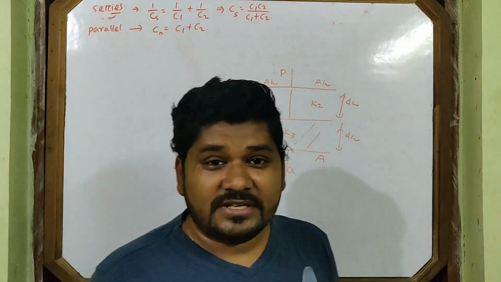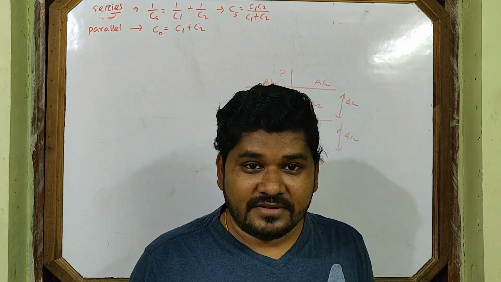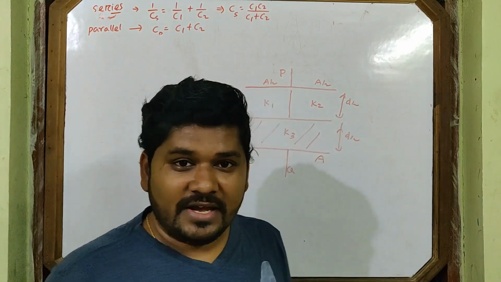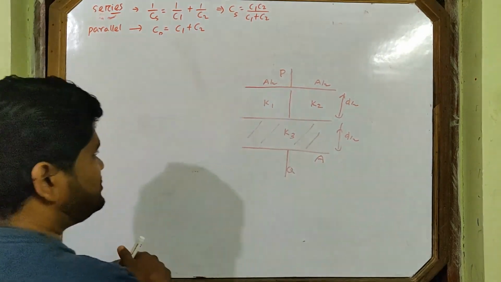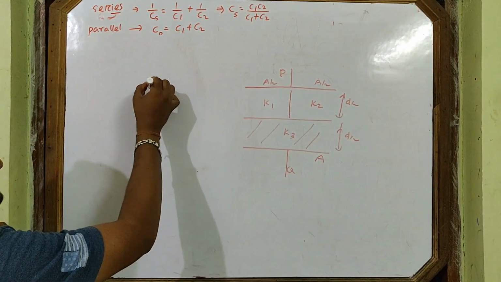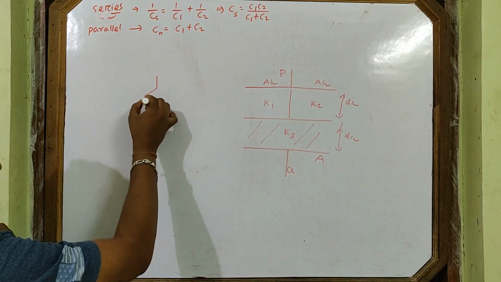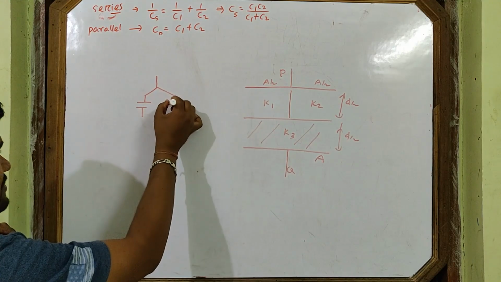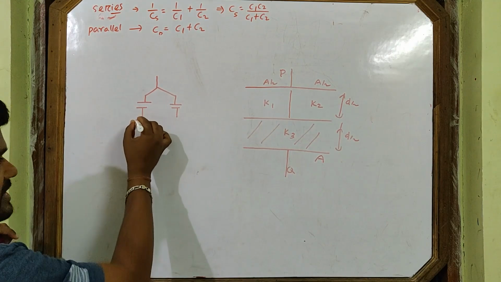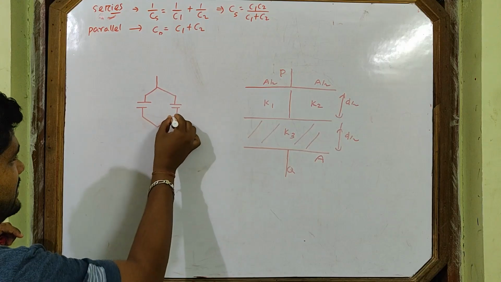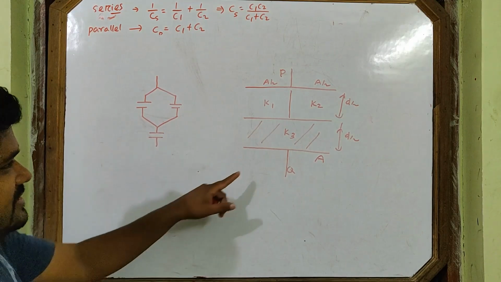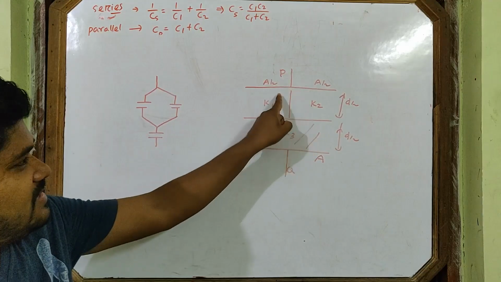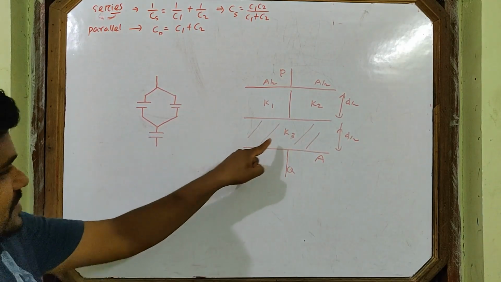How many capacitors are here? We have 3 capacitors. And these 3 capacitors, how do you solve? How are these two connected? You see, the equivalent diagram is like this. I'm drawing the equivalent diagram here. These two are connected, then one capacitor. These two are connected in parallel, and this one is in series.